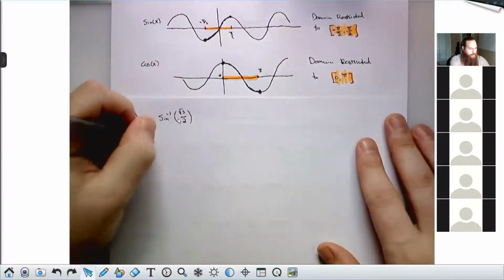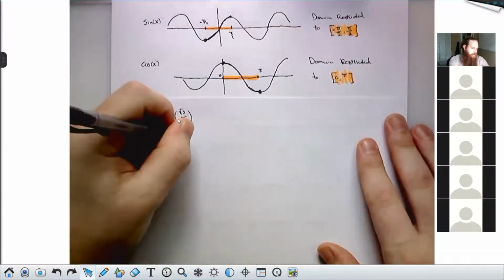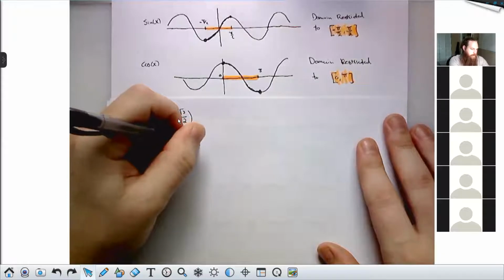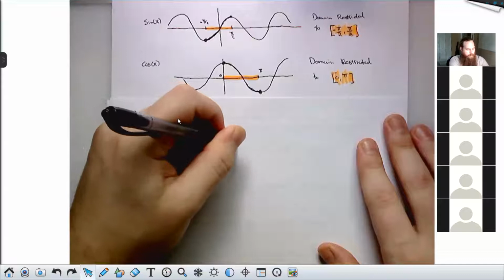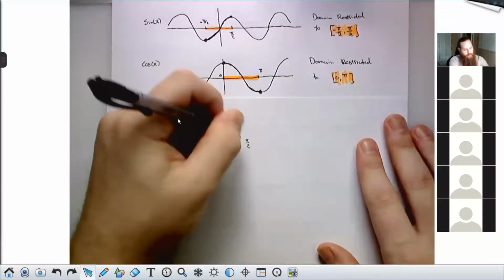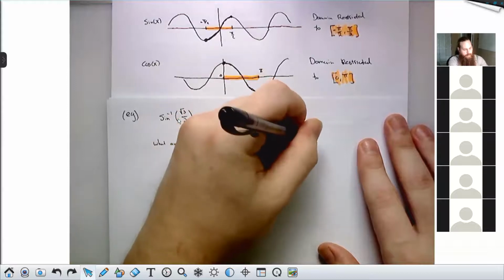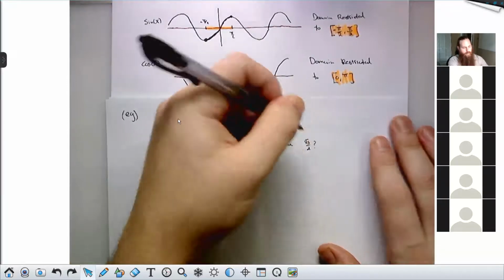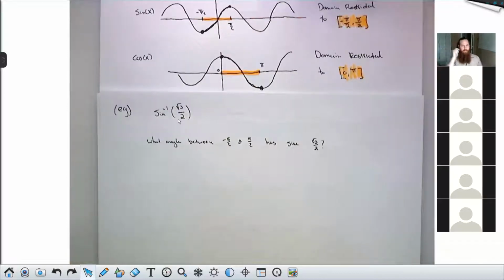In other words, what angle between negative pi over 2 and positive pi over 2 has sine root 3 over 2? Who can help me with that?